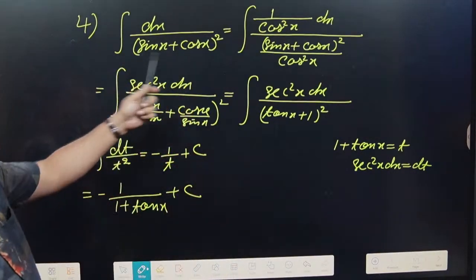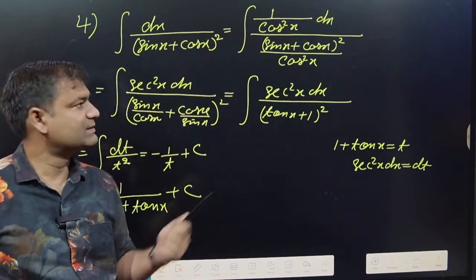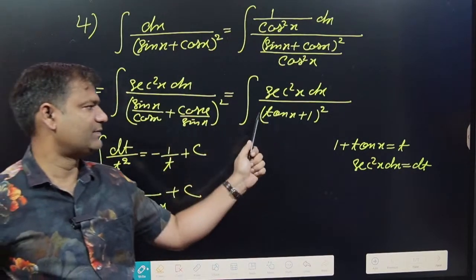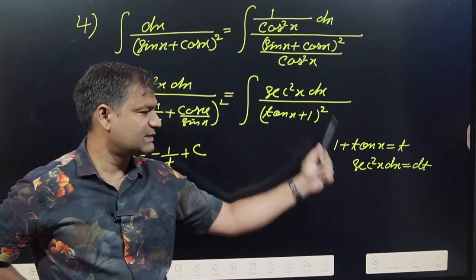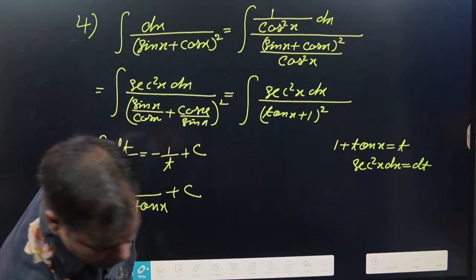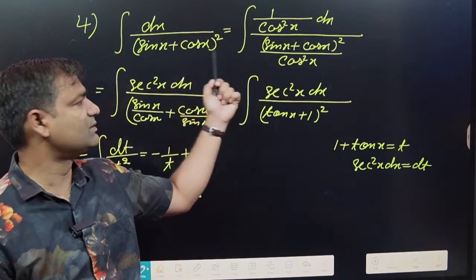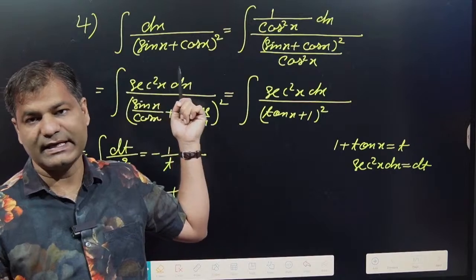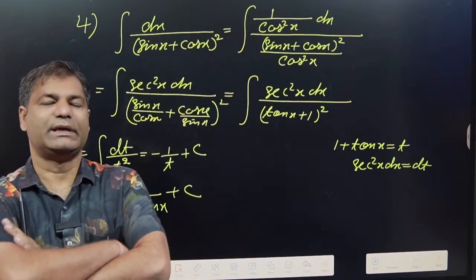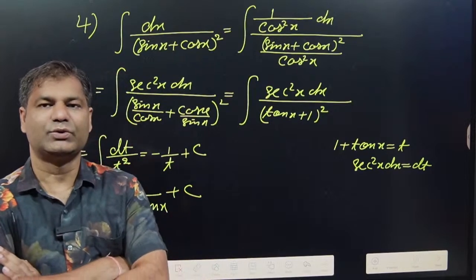Very simple. Divide numerator and denominator by cos square x, then we get it like that. After that, with t, sec square x dx is replaced by dt. Now, you can do this question by another method. Break (sin x plus cos x) to the whole square as sin square x plus cos square x plus 2 sin x cos x.